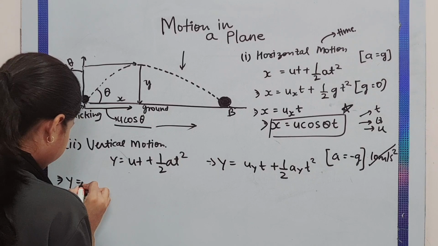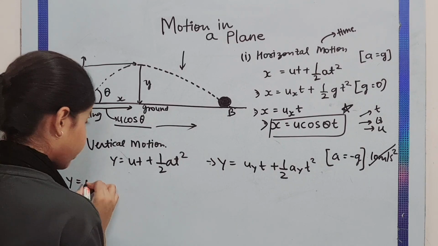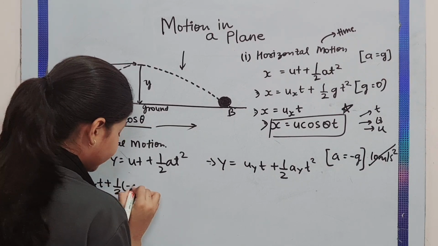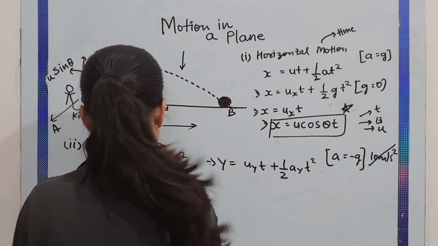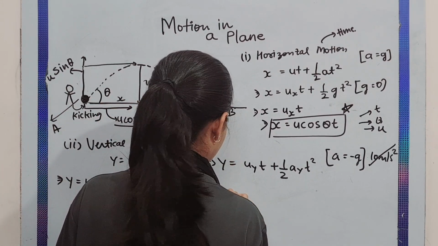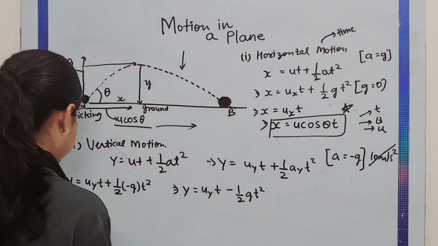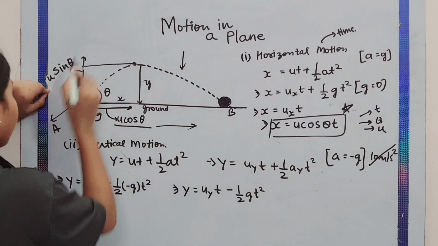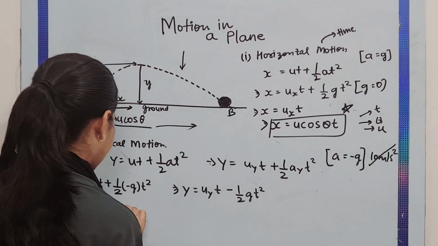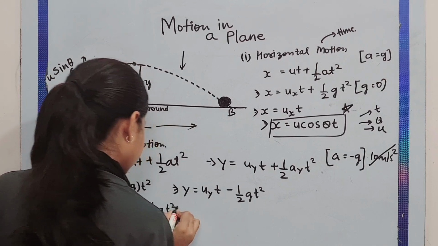So y is equal to uy t plus half of minus g t square. So when we put the value of u sin theta here, we will get y is equal to u sin theta t minus half of g t square.